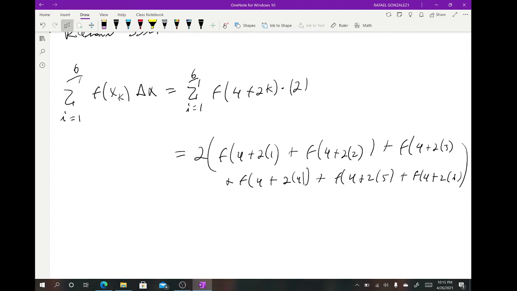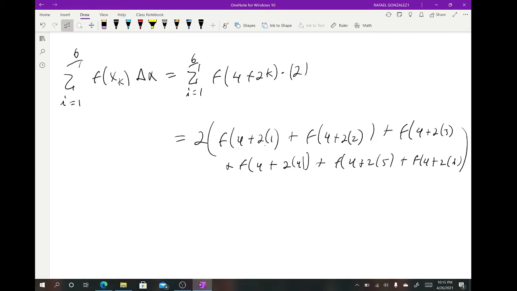Now, keep in mind that we are dealing with the following sum. So this is 4 plus 2, that's 6. 4 plus 4 is 8, and so on. So let's see what we get.